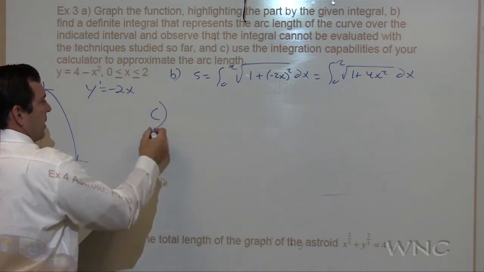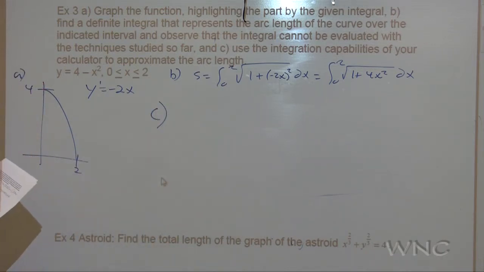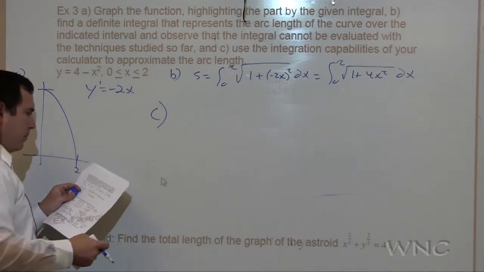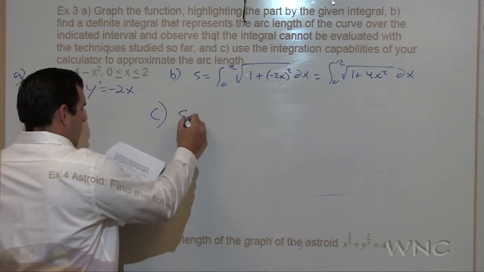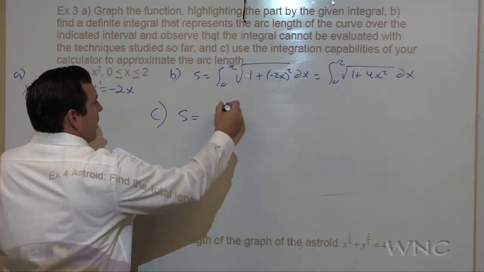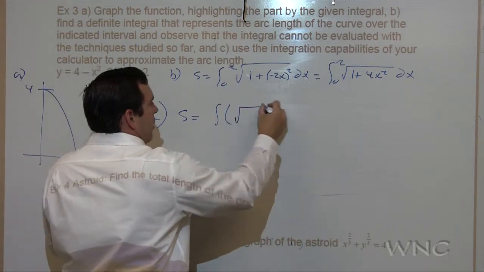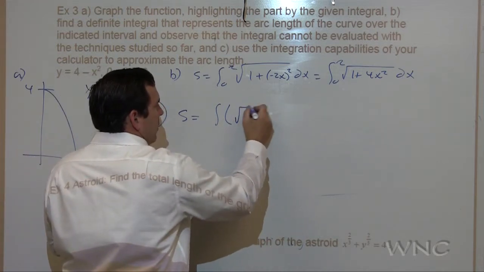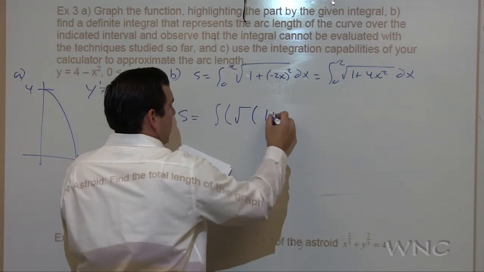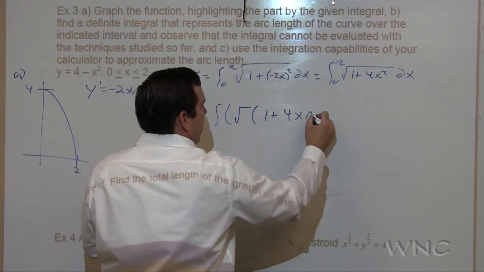So C, if you put this in the TI-89, I think you could put it in Wolfram too. So S would be equal to, and we do our integral, and it gives us a parenthesis, and we do our square root of, and it gives us a parenthesis, 1 plus 4x caret 2.